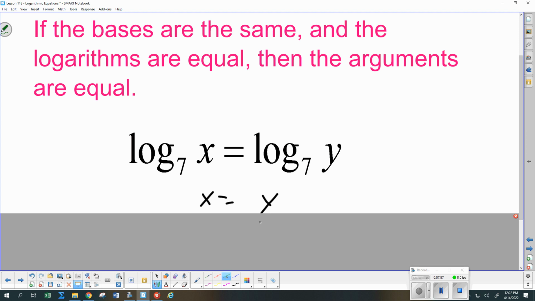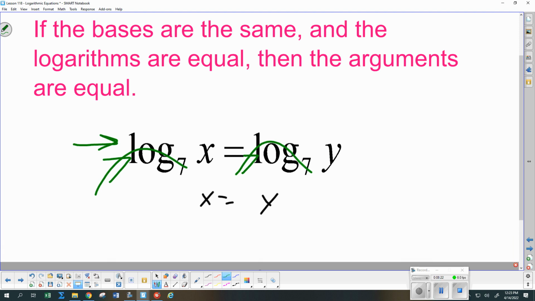If you prefer, once you are at this step, log equals log, you may write each side as an exponent on the same base. So if this was a base 7, I can say I'm going to make that whole first side be an exponent for 7, and I'm going to make the whole right side be an exponent for 7. So I'm exponentiating both sides. So those cancel, and I have x equals y that way.